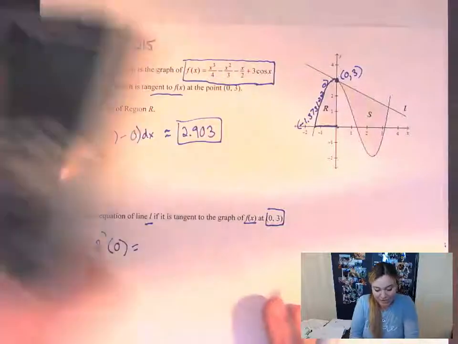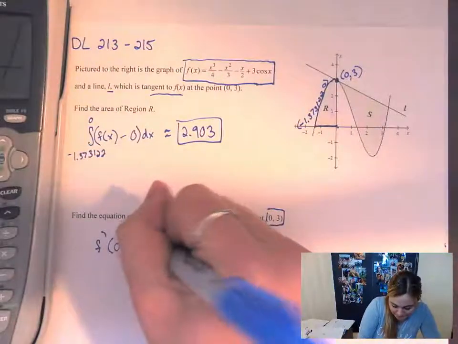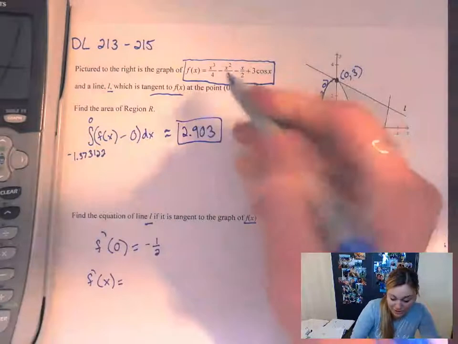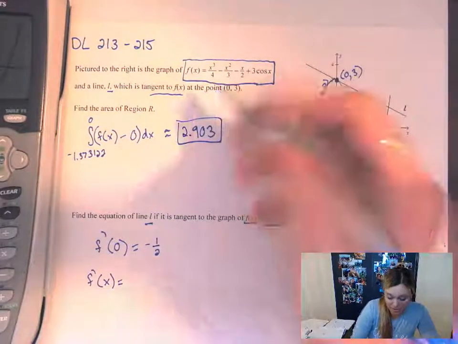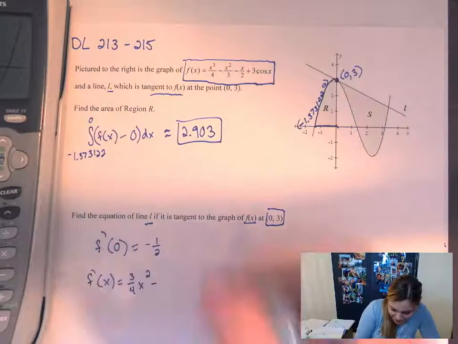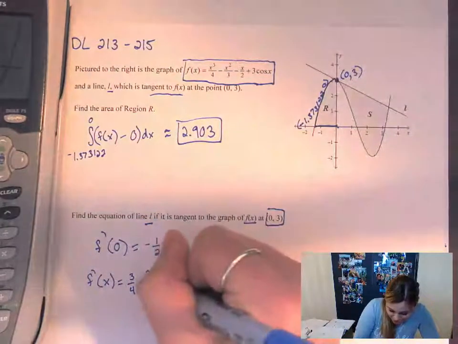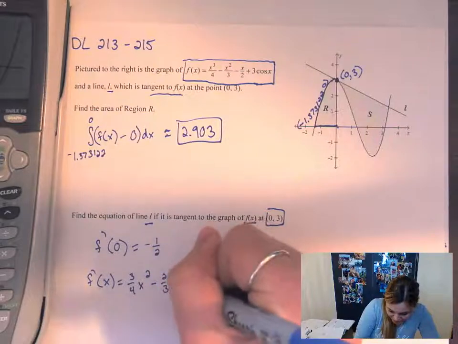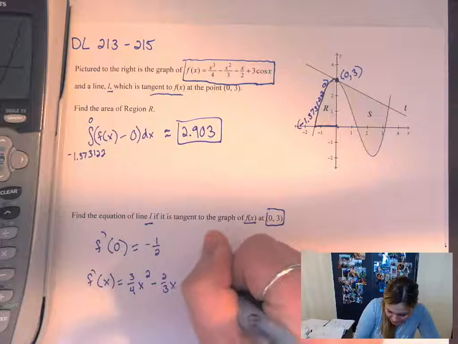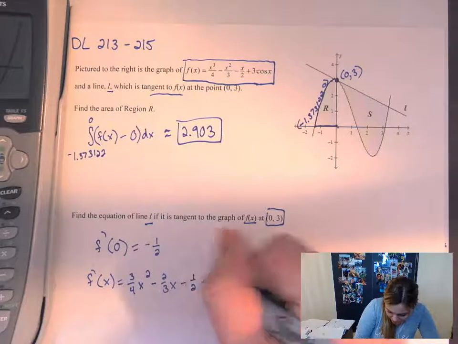And actually, this is where if we did this by hand, you're going to be able to see this. If I did f prime of x, I said I wasn't going to do it, and now I am. 3 times 1/4 would be 3/4 x squared minus 2/3 x minus 1/2, plus, ooh, I'm sorry, that would be negative.